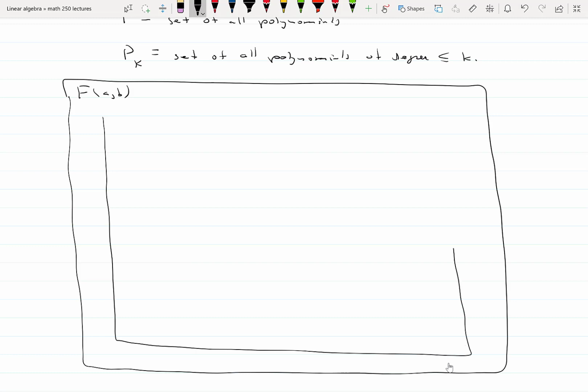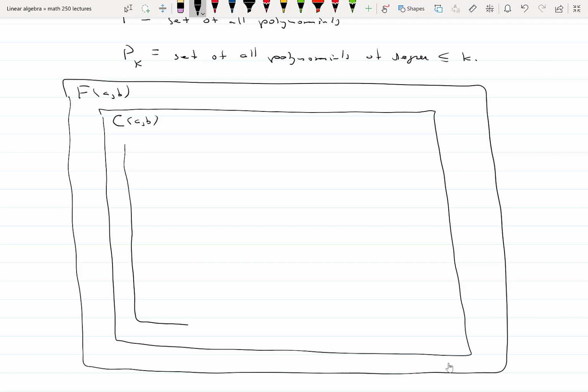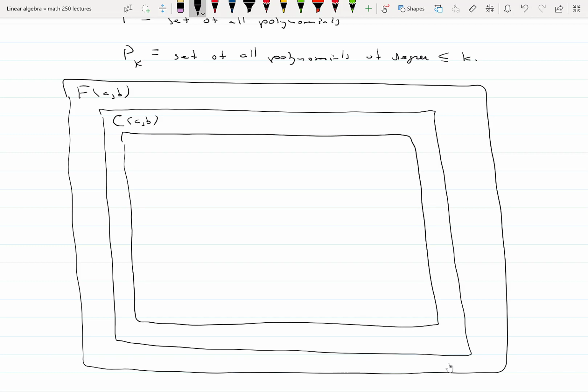Inside that vector space is another vector space, the set of all continuous functions on the interval from A to B. Inside of that set is the set of all functions that have a first derivative.